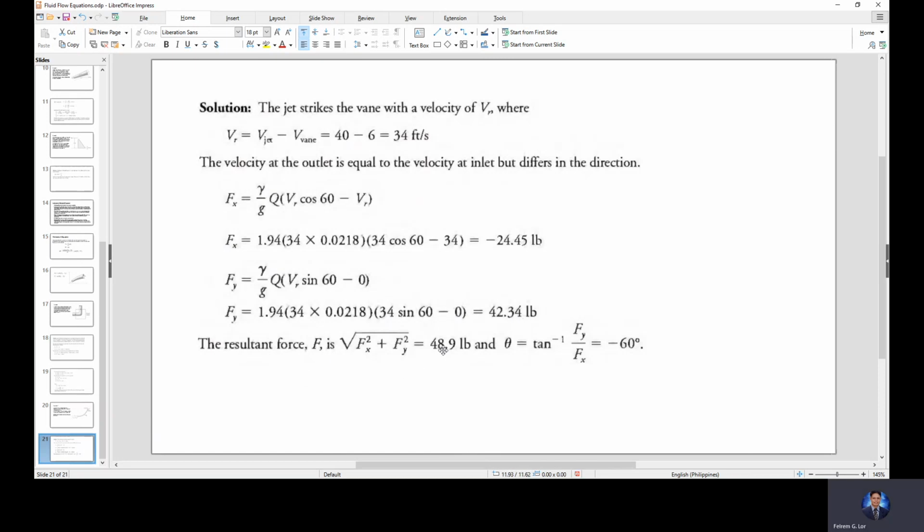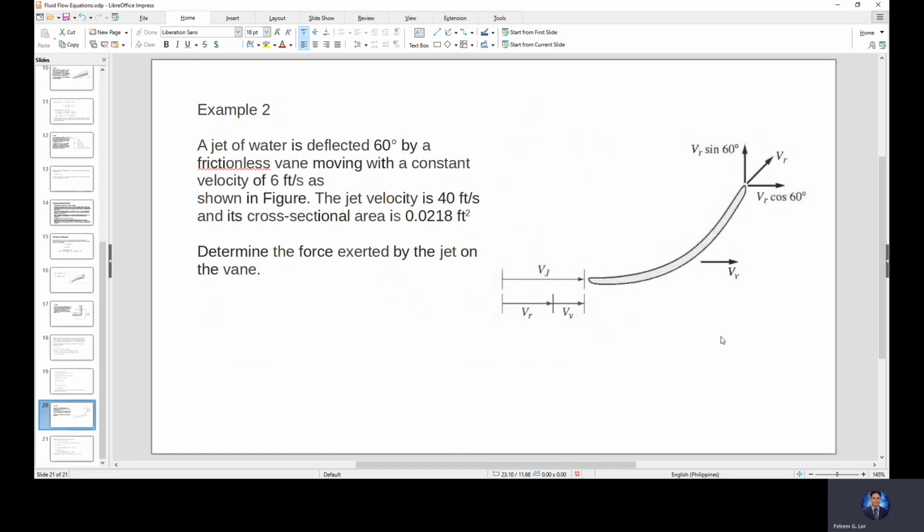The resultant force is 48.9 and the angle of action is negative 60. Actually, negative 60 because that is the application of the force, negative 60.